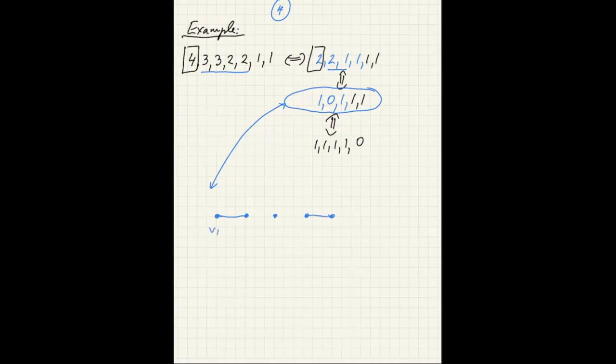We can call these vertices V1, V2, V3, V4, V5. This sequence here is graphic, because we can construct this graph. So this implies that this sequence is graphic, and by the theorem that we just proved, this implies that this sequence is also graphic.